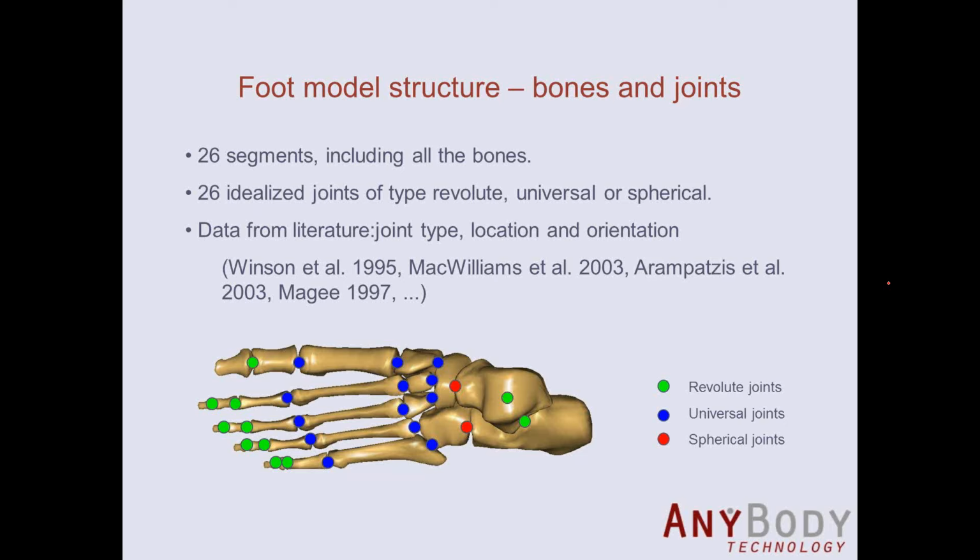You can see on the picture below the different bones and joints. The colored dots represent the different types of joints. The data we use to construct the model all comes from the literature, for example for the joint type, location of the joint center and orientation of the axis.